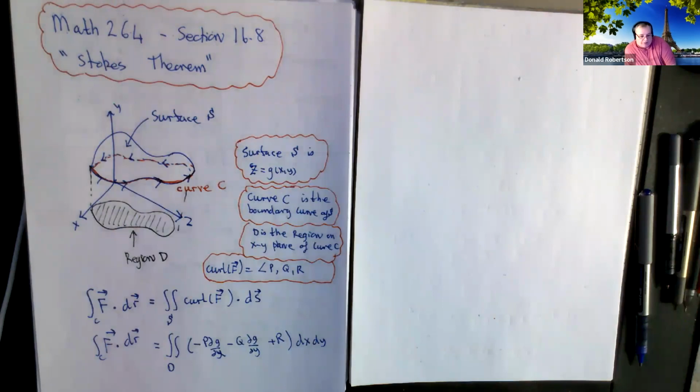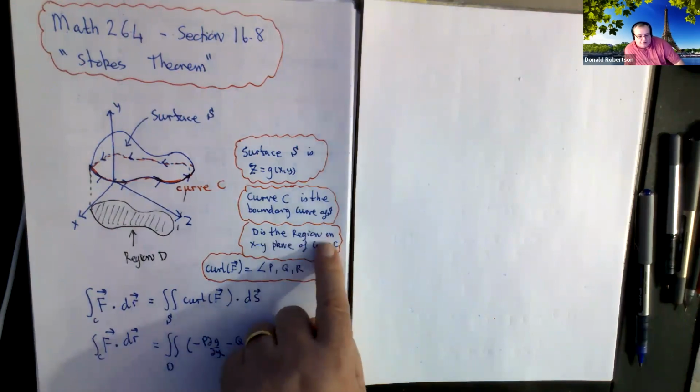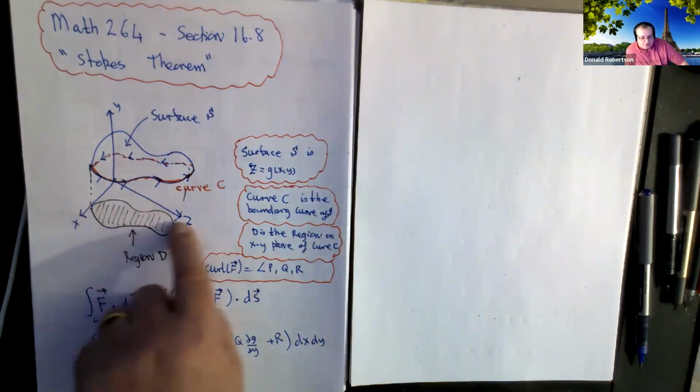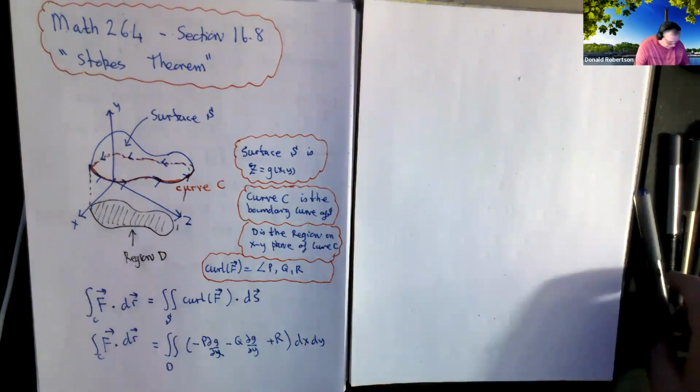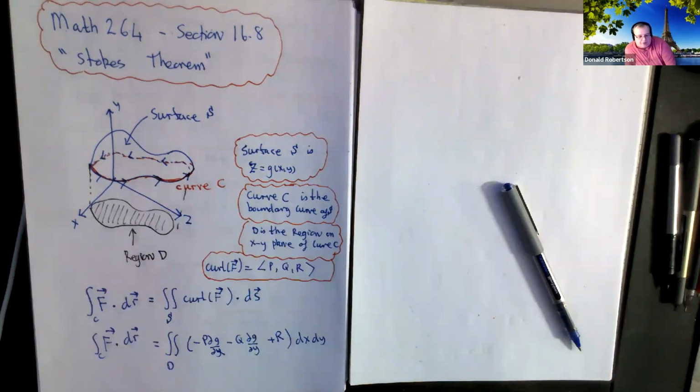We also eventually, as you'll find out, need to find the region D, that's a shadow on the XY plane, and we need to be able to give the limits of integration of it. So that shape there would be horrible to do, but most of the time, the shape for the region D is going to be one that you're comfortable with, mostly triangles or parts or whole circles.